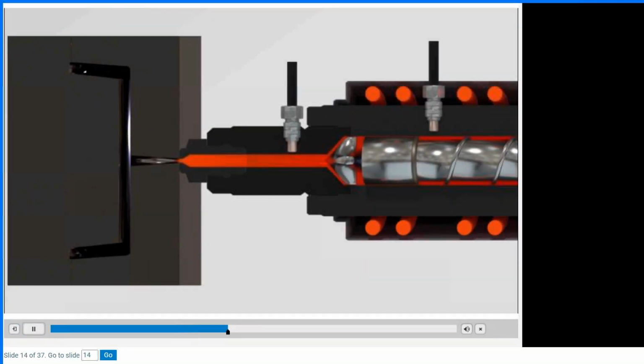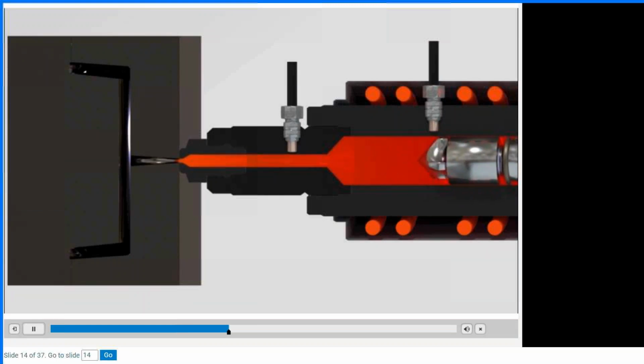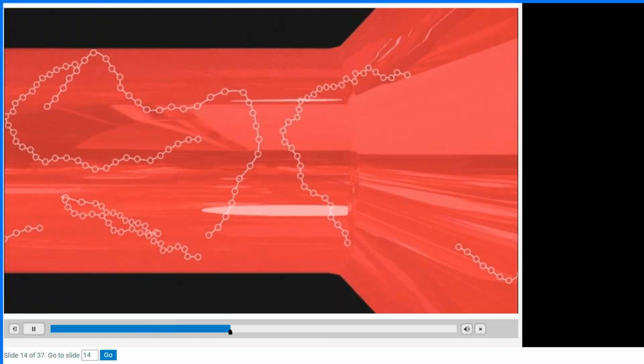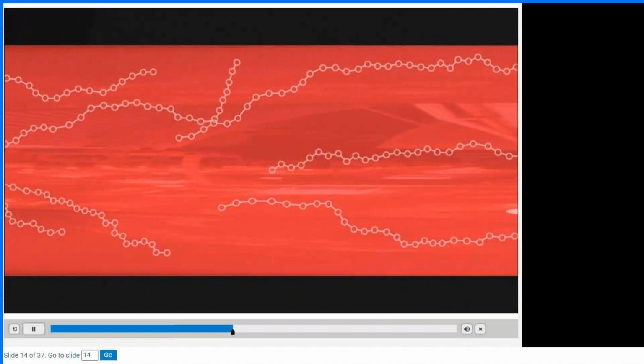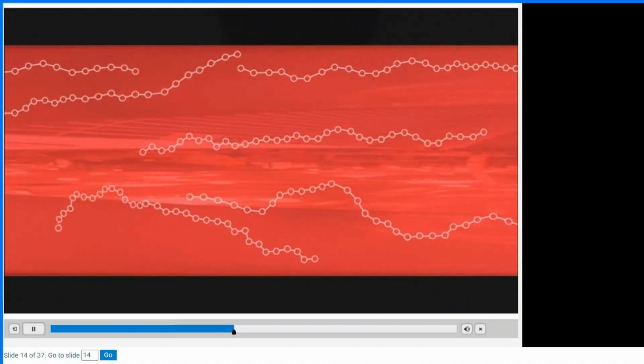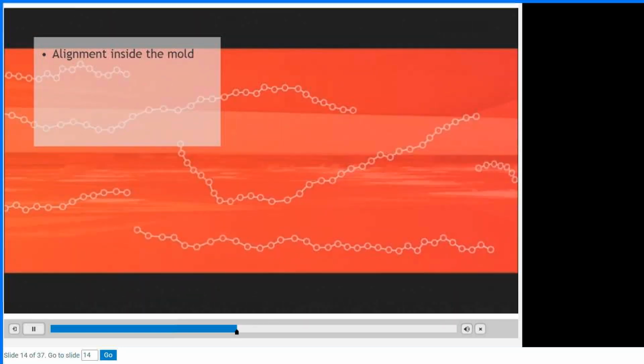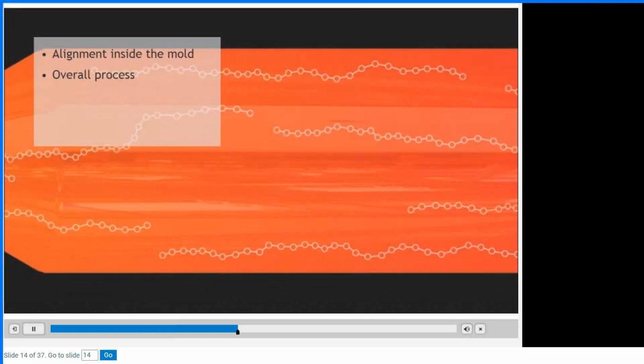Molecular chain structure influences flow to warpage behavior. Remember, amorphous materials have random molecular structures, and semicrystalline materials have areas of dense and aligned crystalline structures. A molecular chain structure and length determines how it stretches during filling and then aligns inside the mold. Molecular alignment is also impacted by the overall process.